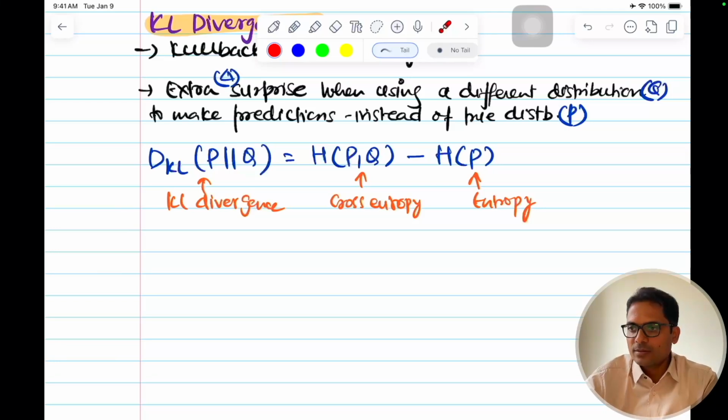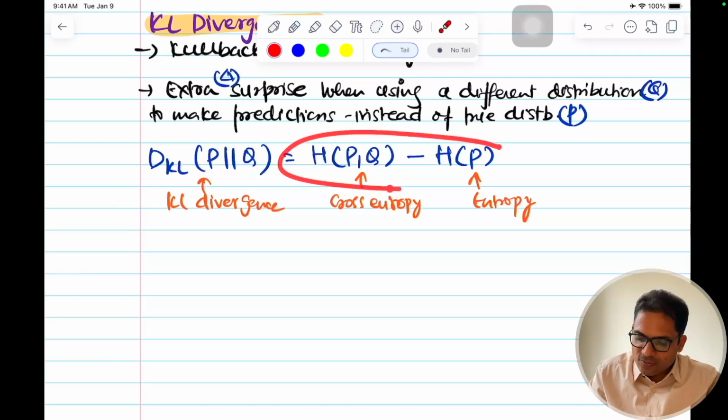Because of the new distribution I'm using to measure the true distribution. In terms of information, it quantifies the information loss: whatever information was actually there in the system, versus what I calculated using this cross entropy or another model or distribution.